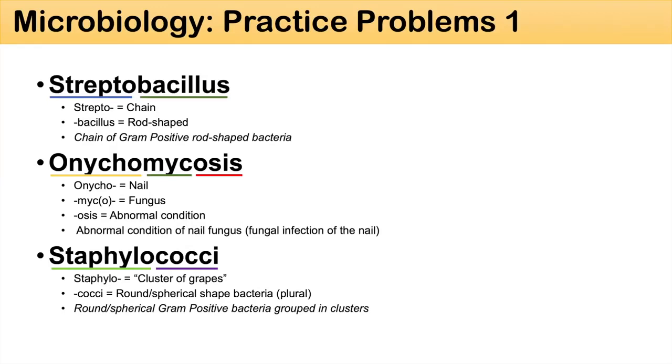So staphylococci means a round or spherical gram-positive bacteria grouped in clusters, and that's exactly what you see when you look at it under the microscope. That's how we know it's staphylococcus, because it's a big cluster of round-shaped bacteria that are gram-positive after a gram stain. So that is why a staphylococcus is named the way it is.